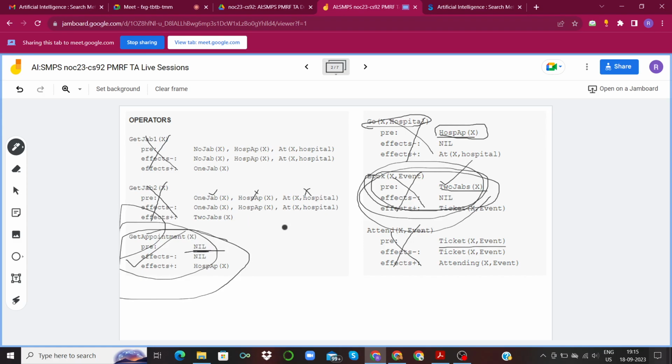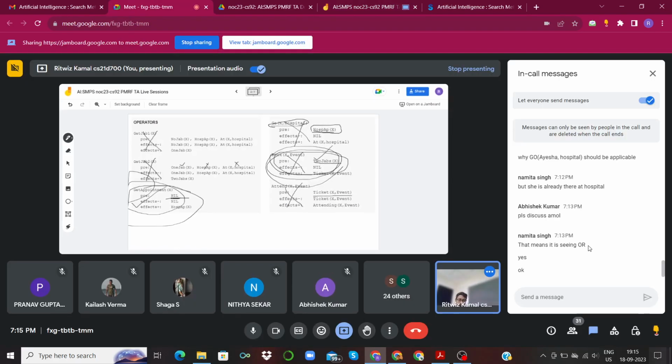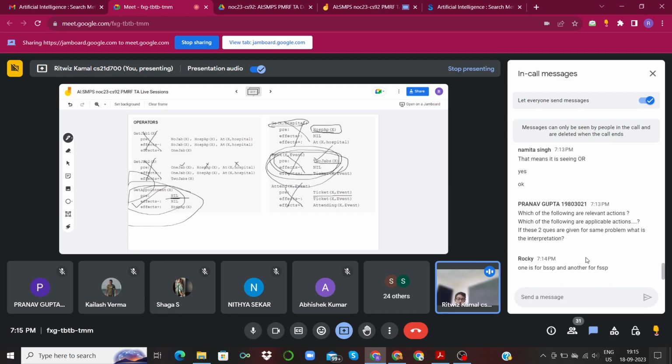None of the other operators have all preconditions satisfied for Amol, so these are the only two operators that we can apply. I hope that addresses your query about Amol.